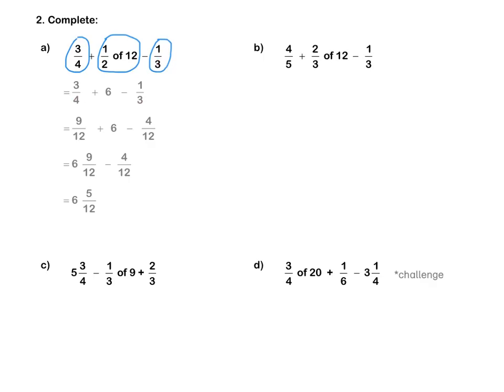Now, if we look at our fraction parts, our lowest common denominator of 4 and 3 is 12. So we rewrite our 3/4 as 9/12, plus a 6, minus, we rewrite a third as 4/12. Now, this plus this is 6 and 9/12, and we still need to minus 4/12. So our final answer is 6 and 5/12.